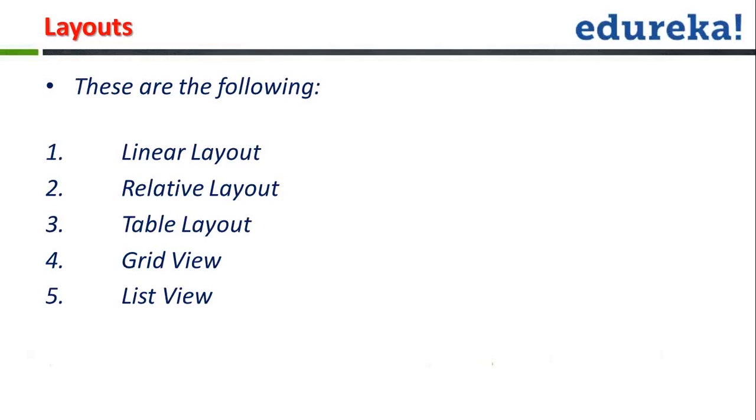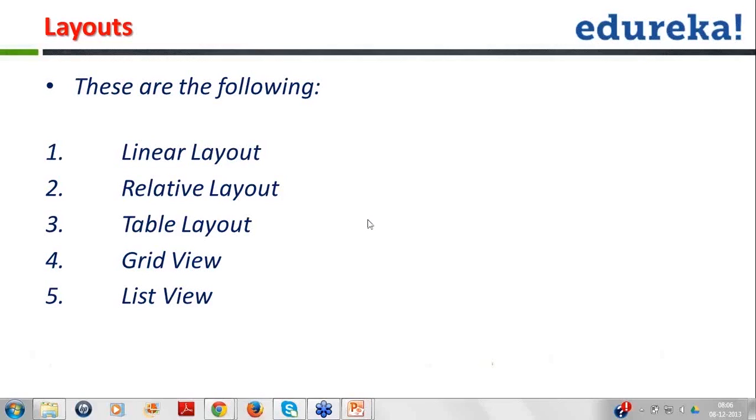For example, my first edit text is on the left and my second edit text is on the right, and in between I have the button. The button is related to both of these edit text for its position. So if I change the position of the edit text, there will automatically be a change in the position of the button. That is where the relative layout comes into the picture. So definitely different kinds of layouts are there.